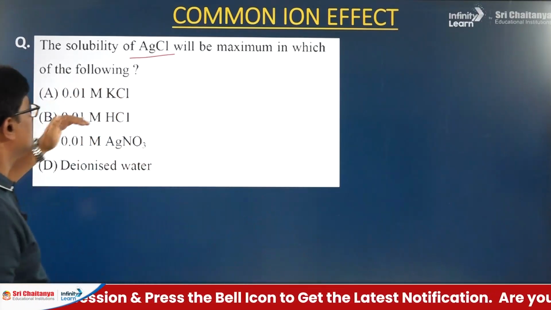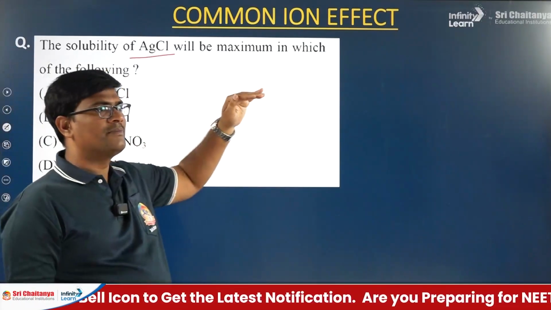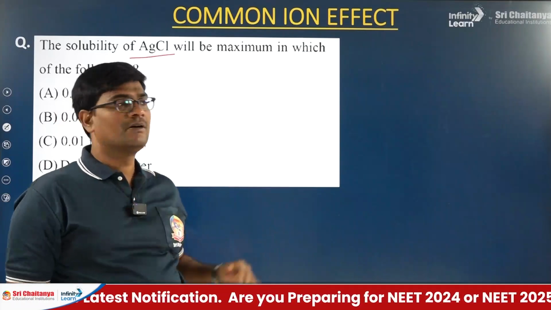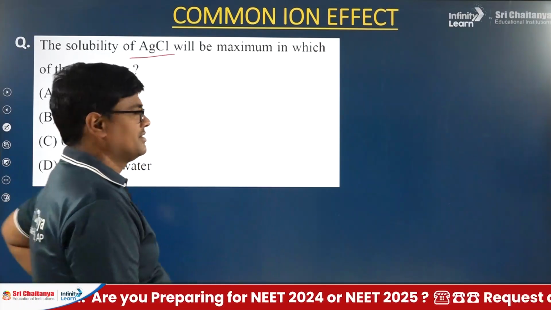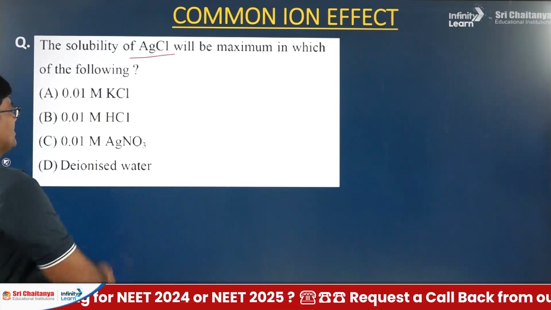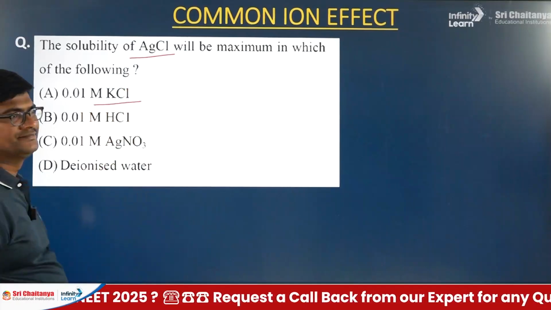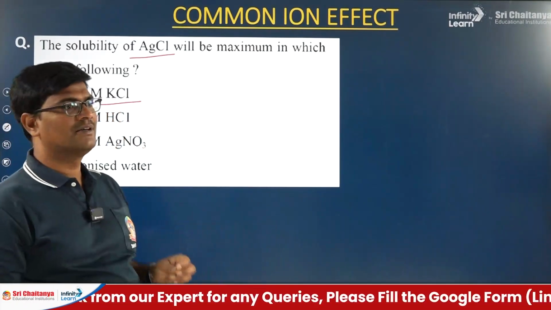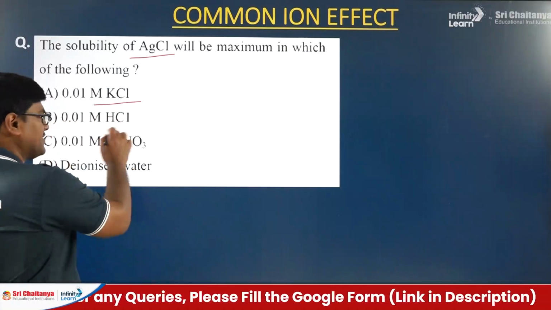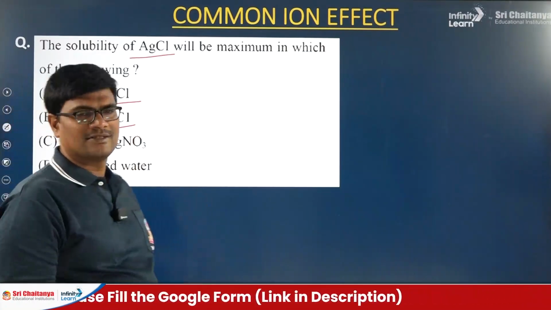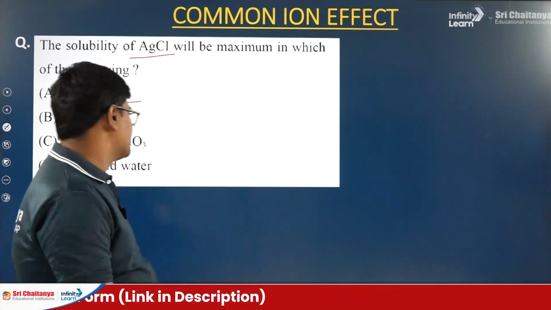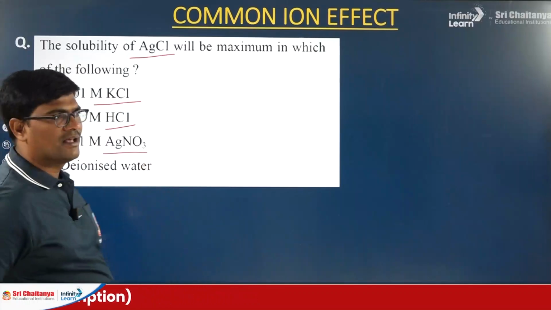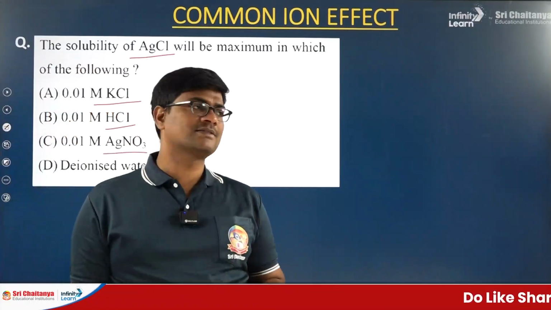Now, the question asks in which of the following the solubility of AgCl will be maximum, not minimum. In case of KCl, the common ion is Cl-, therefore obviously solubility is less. In case of HCl, the common ion is Cl-, so solubility is less. In case of AgNO3, the common ion is Ag+, so solubility is less.